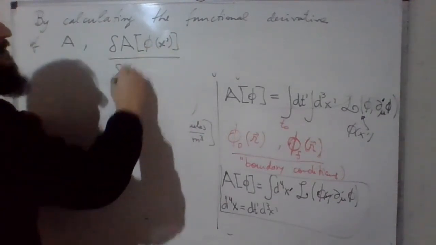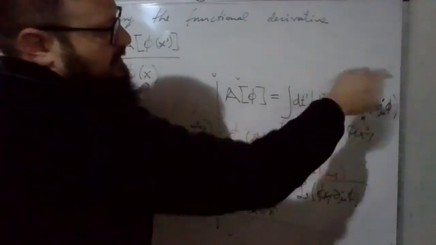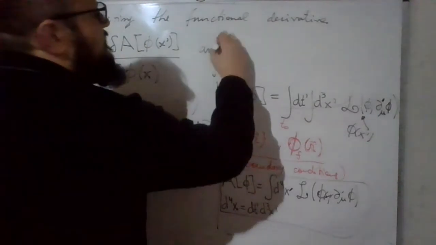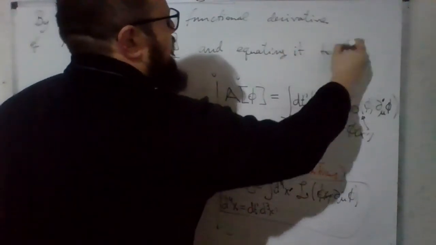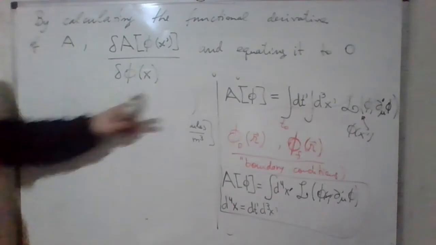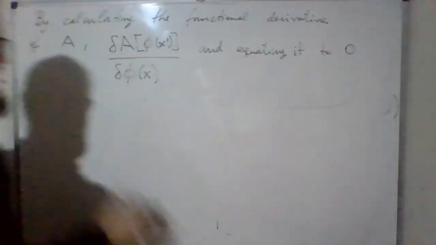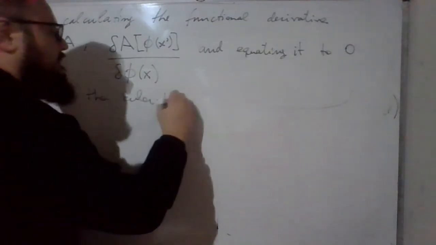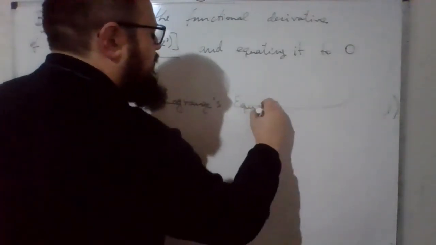You vary that with respect to the field evaluated at some x, which is in the range of these x primes, by calculating the functional derivative of A and equating it to 0, which means calculate this, make it equal to 0, and find the Euler-Lagrange equations.